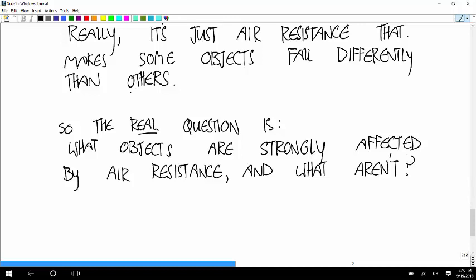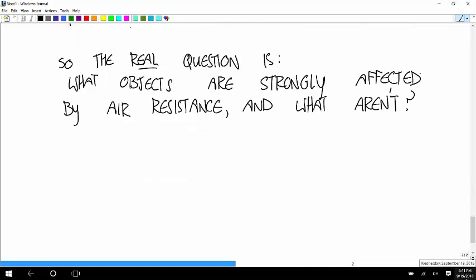Okay, so we're going to talk about three basic things that determine how much air resistance affects an object's motion.